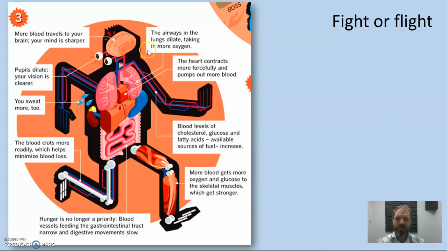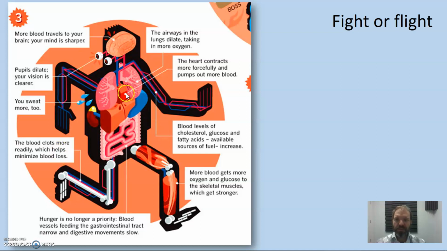And so what happens is that the nervous system picks up that there's a threat. There's nerves that go to the adrenal glands, which are actually sitting here on top of the kidneys as well, and they release adrenaline, which is known as epinephrine in the US, which will then go through the blood vessels to all of the parts of the body and have multiple effects.